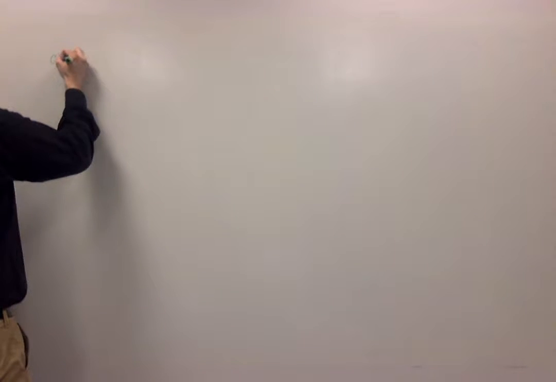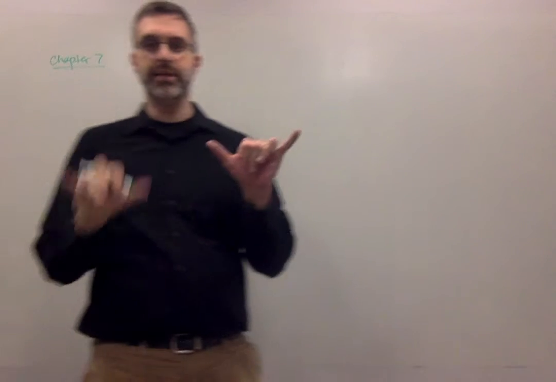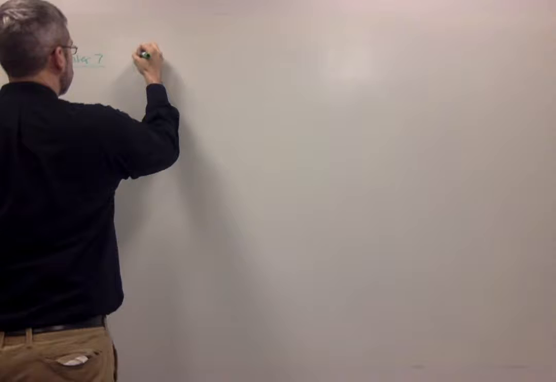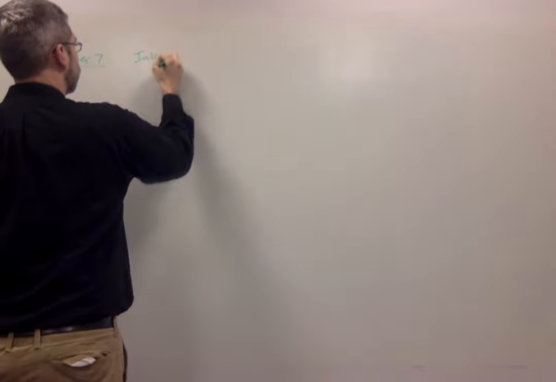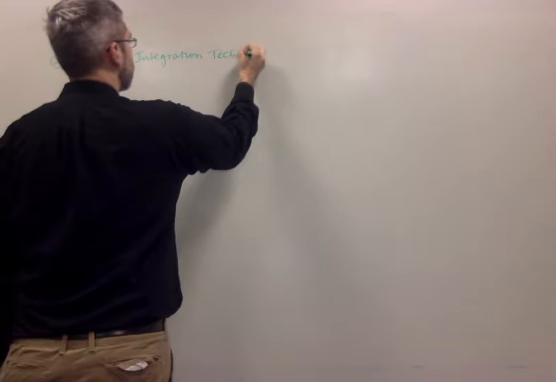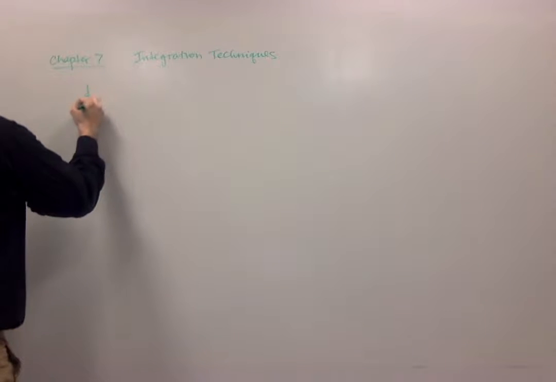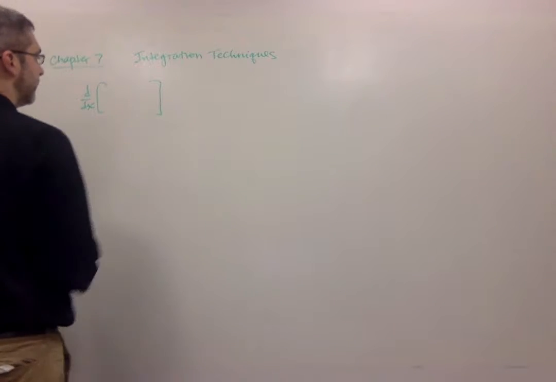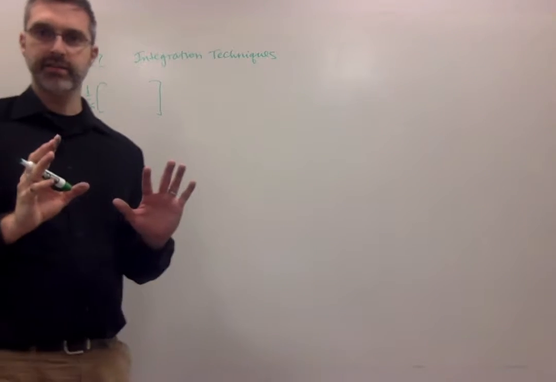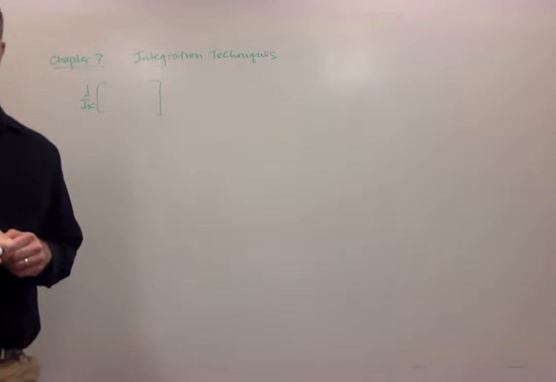Now, chapter 7. I mentioned that I took chapter 6 and chapter 7 and I actually switched them. Chapter 7 is on integration techniques. The idea is that taking derivatives of some complicated function is not always fun, but you can always do it, assuming you know the derivatives of the individual functions within.